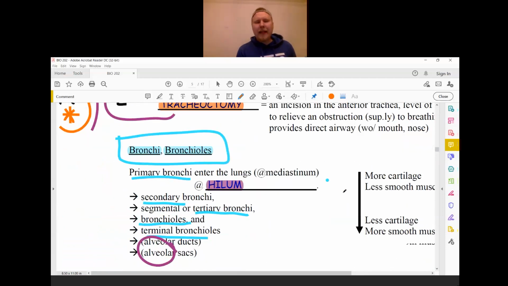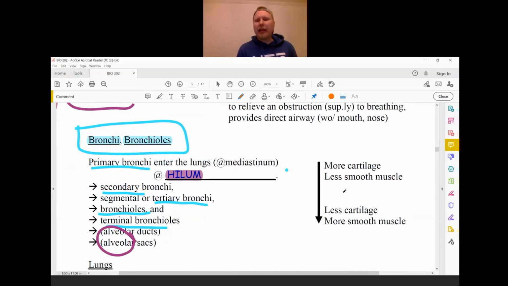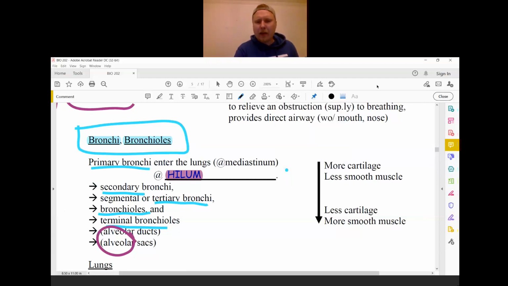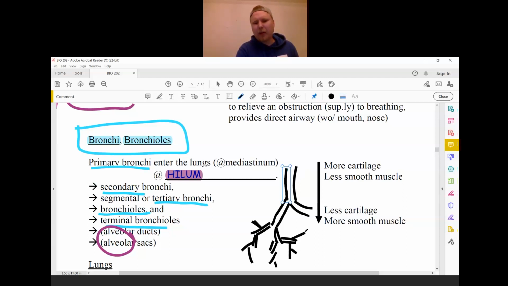One thing that I do want to show as we are looking at the respiratory tree as a whole: we remember that we had our trachea, then our primary bronchi, our secondary bronchi, possibly tertiary, and then bronchioles, eventually terminal bronchioles, that then led to the alveoli.